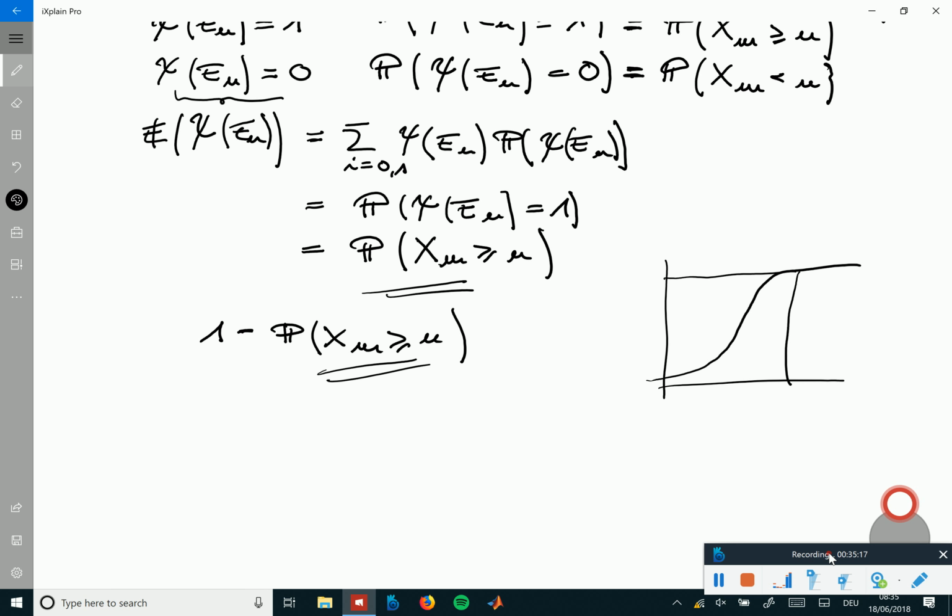Here you have your x value, and this is the probability that the random variable is smaller than x. We can remember that because this always goes up to 1: for a very high value of x, the probability that the random variable is smaller than x is always 1.